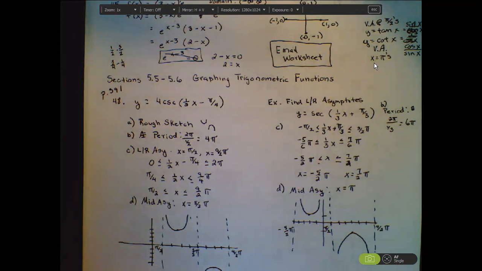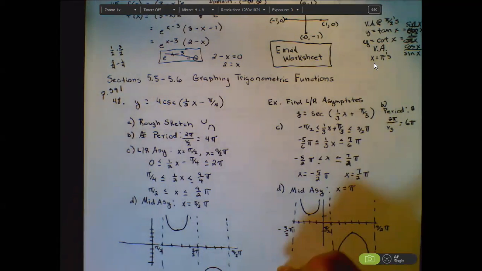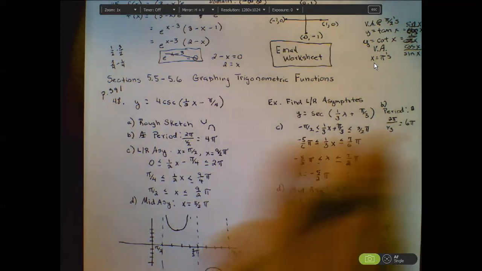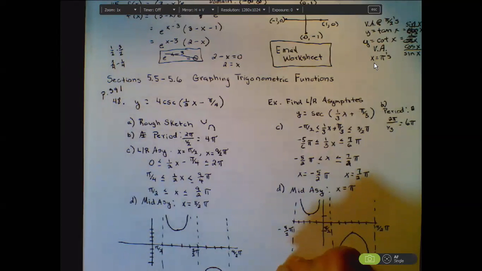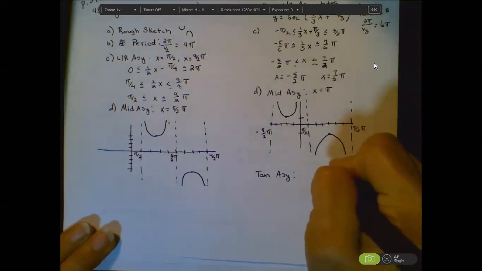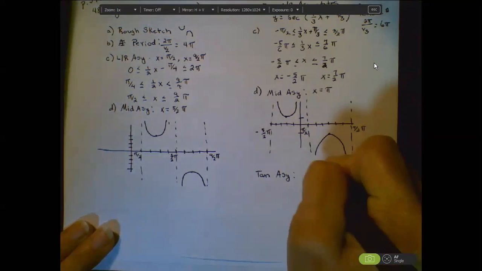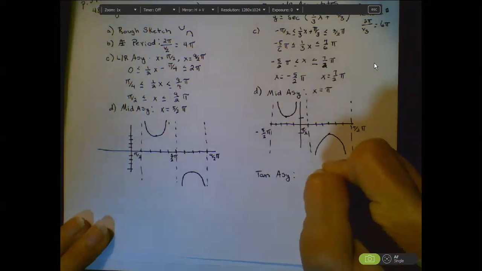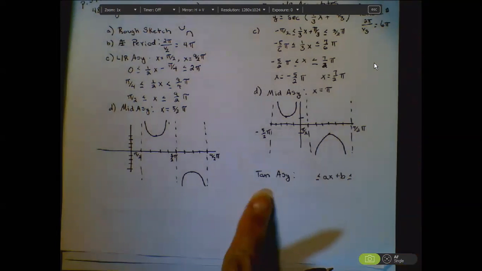I think so too. Okay, then let me just quiz you on 2 things real quickly. We won't do the problem here, but with tangent, to find the asymptotes, we're going to take the ax plus b, whatever it is, and set it between the normal asymptotes for tangent.